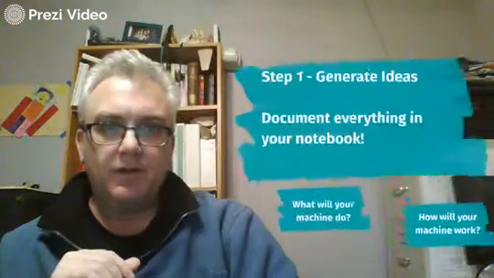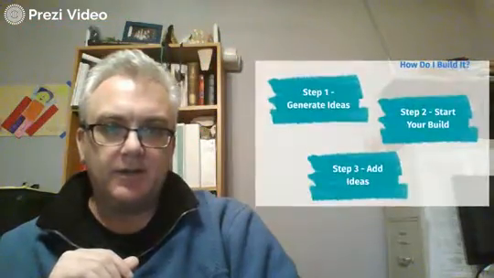So think about how your machine will work, design and practice the single energy transfers, and then practice them together. All right, generate ideas is the first step. Second step, just get started. So pick one that you're really excited about. For me, it was this zip line that I had between the cabinet and this table down here. So I put this zip line in place. I put the water bottle on it.